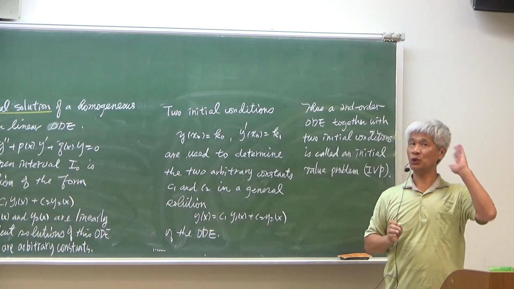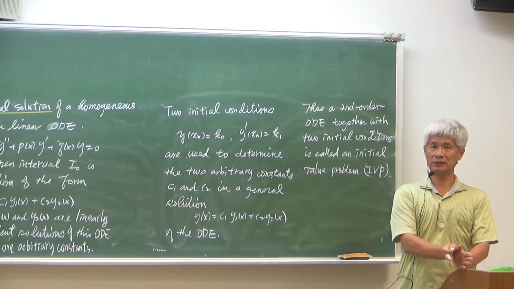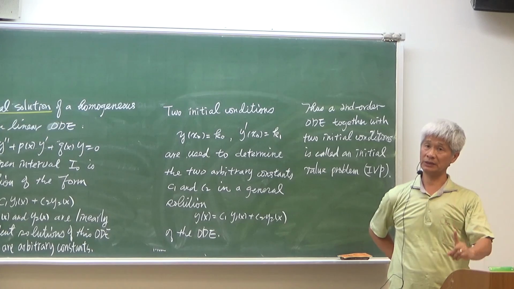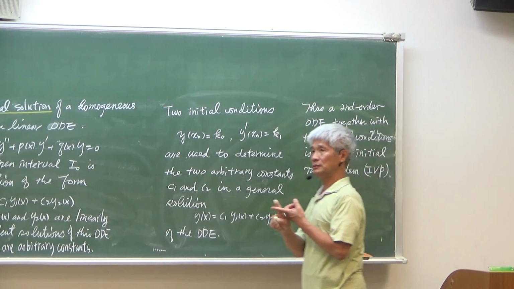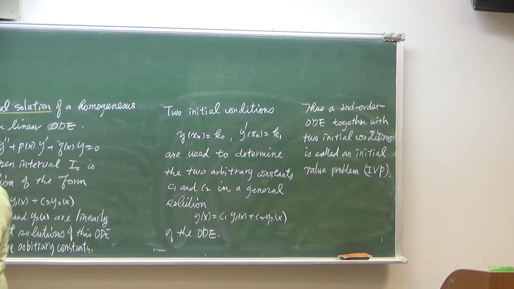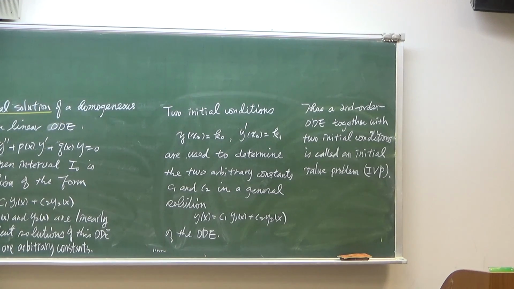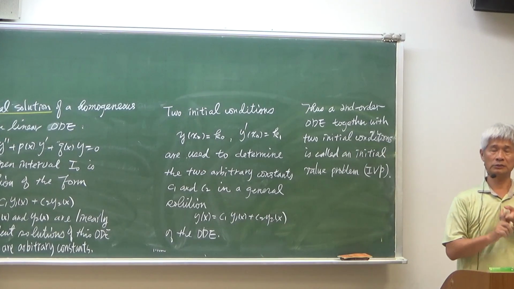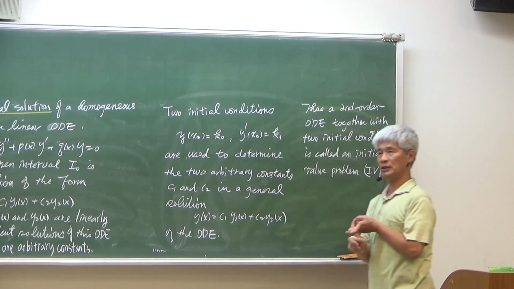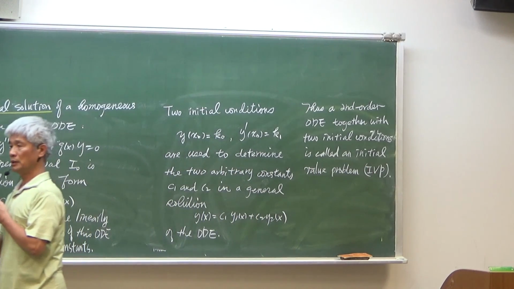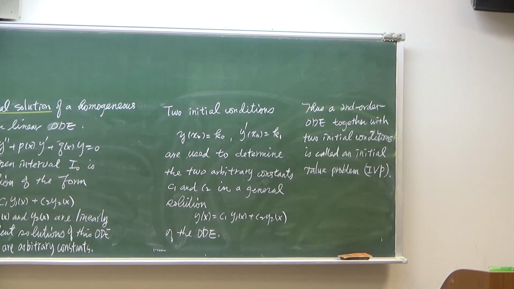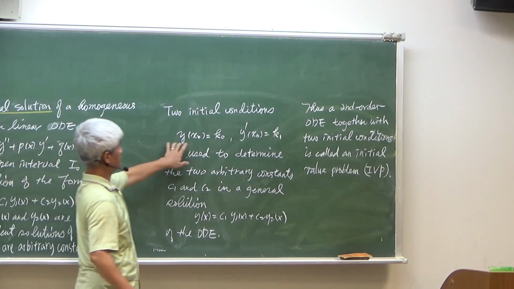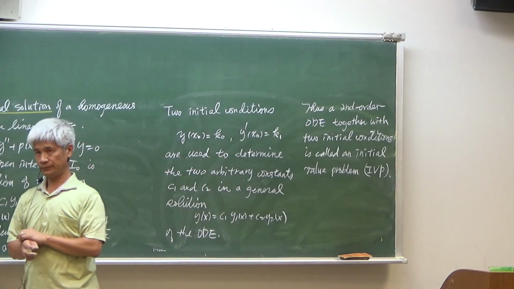Recall, for a first order ODE, we need only one initial condition, so one first order ODE together with one initial condition becomes an initial value problem. But for a second order ODE, we need two initial conditions.